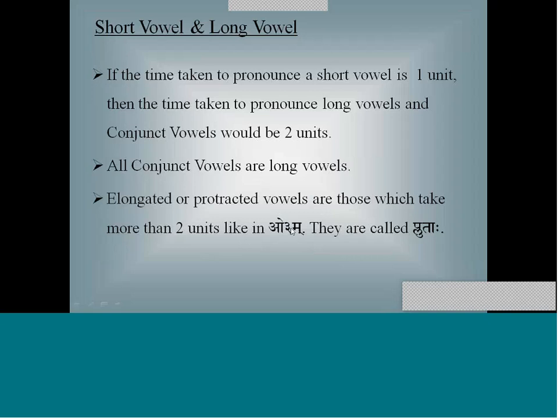If it's more than 2 units of time, then it is called Plutaha, Pluta. Pluta means vowels which take more than 2 units of time. It can be 3, 4, 5, anything. More than 2 units of time, it is called Pluta.